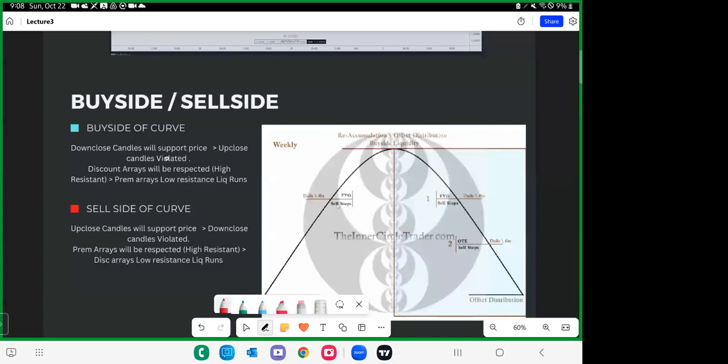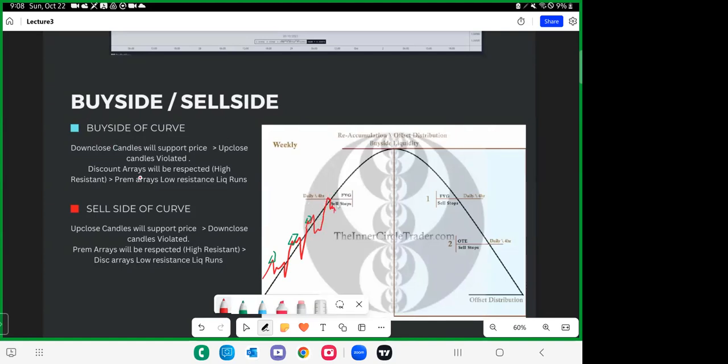And then what you'll see on that buy side, while those down close candles are supporting price, the premium arrays and the up close candles, because obviously this is always going to be an up close candle here, so on and so forth, the up close candles are violated, right? The down close candles are supporting, all right?